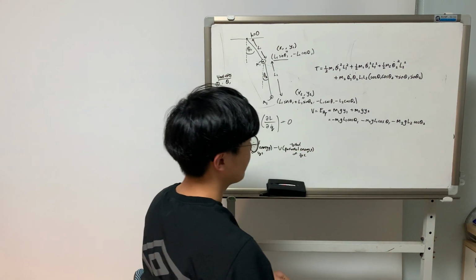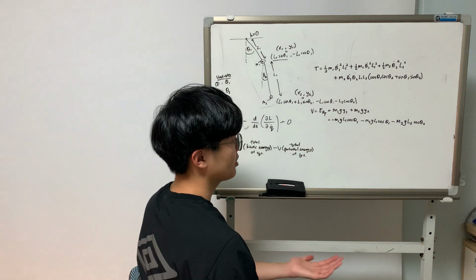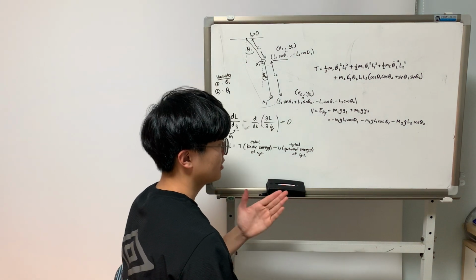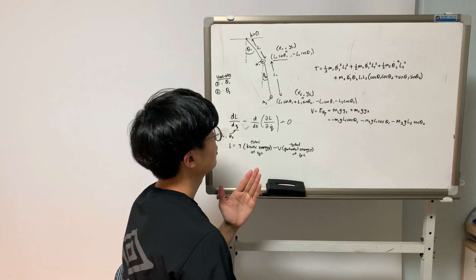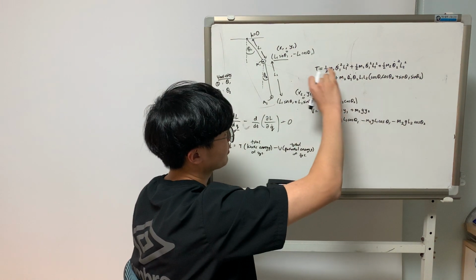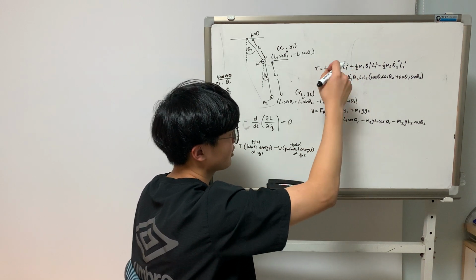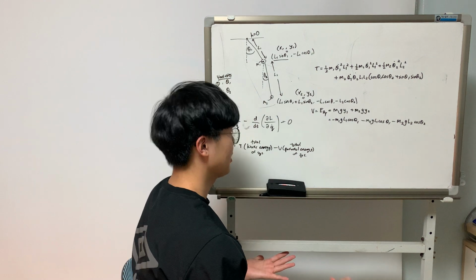And notice that I'm trying my best to expand all of them because it's going to be a lot easier when I have to deal with differentiating these expressions in terms of theta, theta dot, or the time derivative.